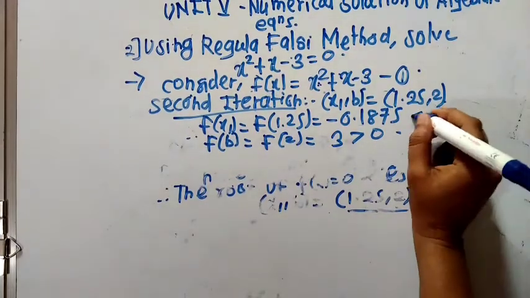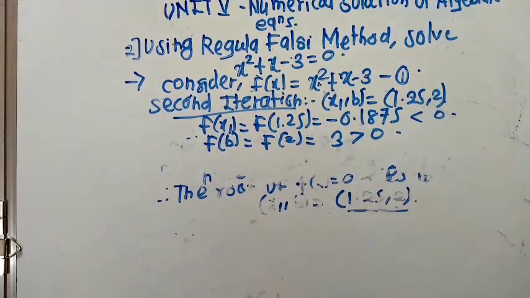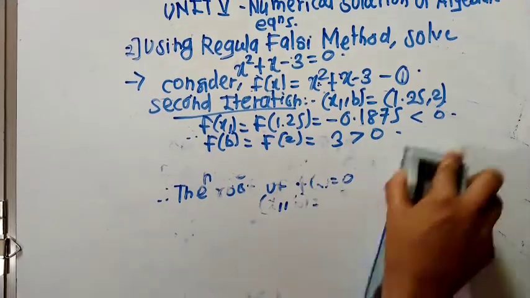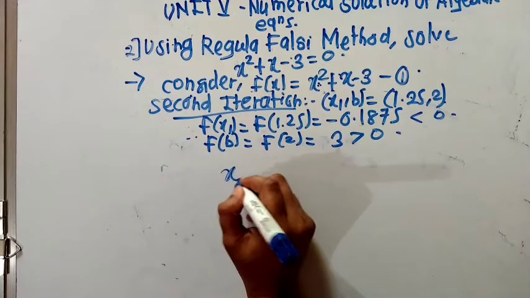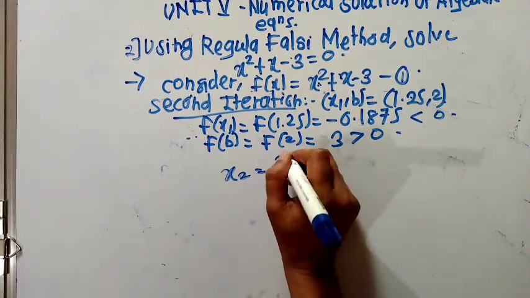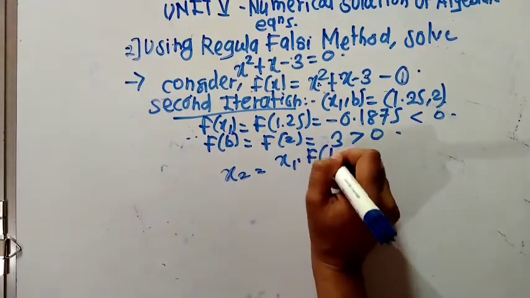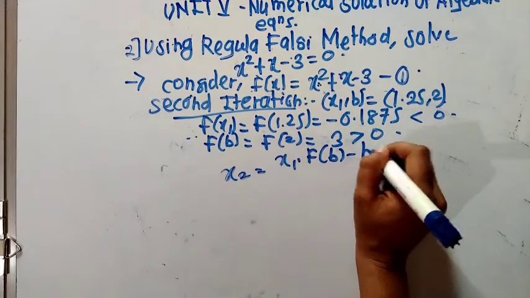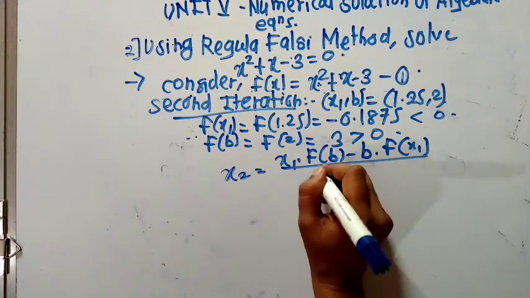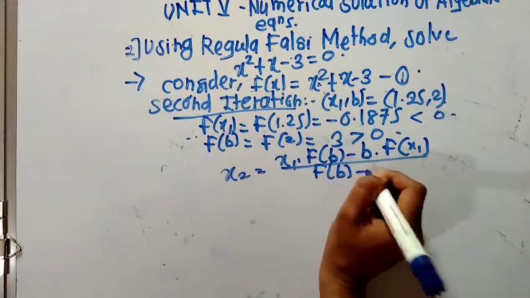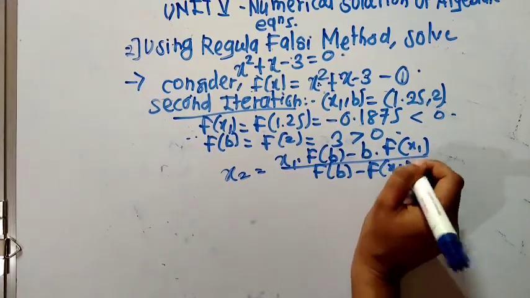So x2 is equal to x1 into f of b minus b into f of x1, divided by f of b minus f of x1.